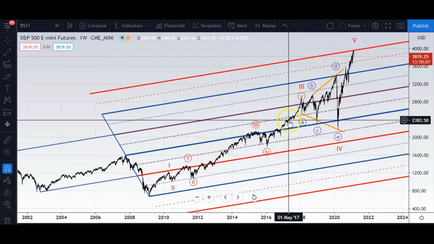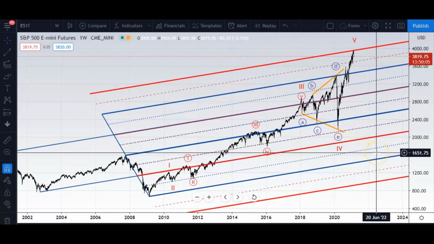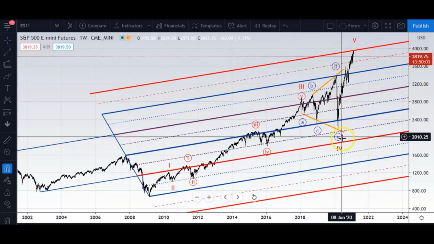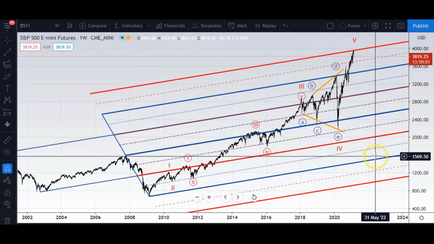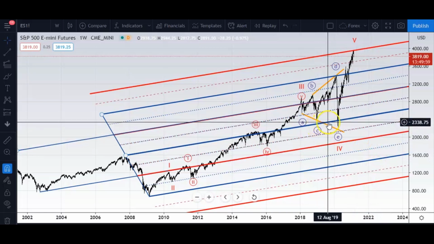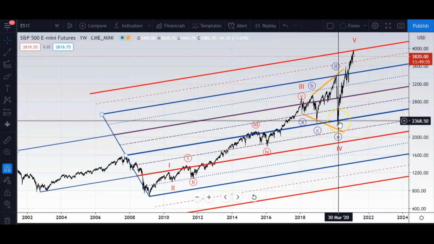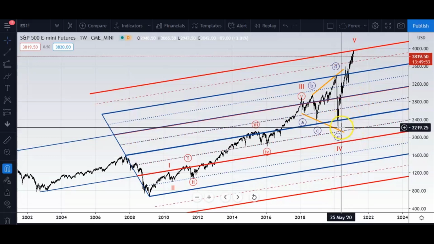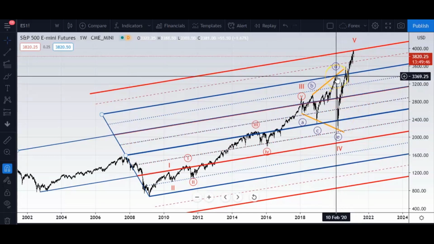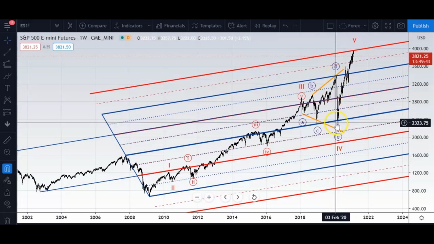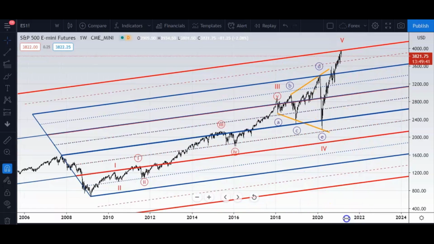So this was obviously, in my opinion, a correction, and then price shot upwards. But look at how well price has actually found support and resistance at these lines. It kind of undershot this line over here. These are called median lines, but it also halted price right here in February 2020, and subsequently, obviously, price moved much higher.